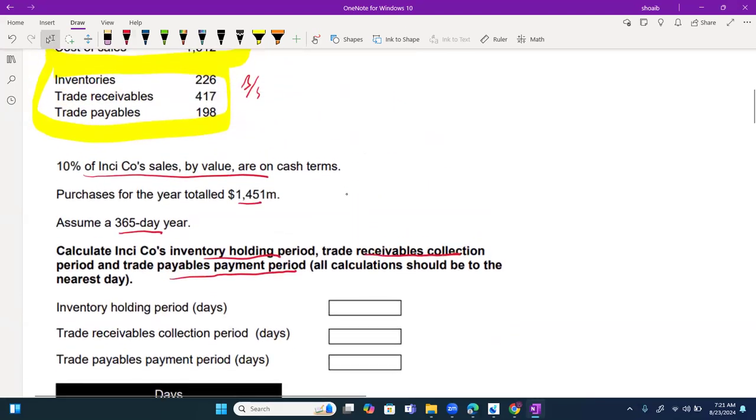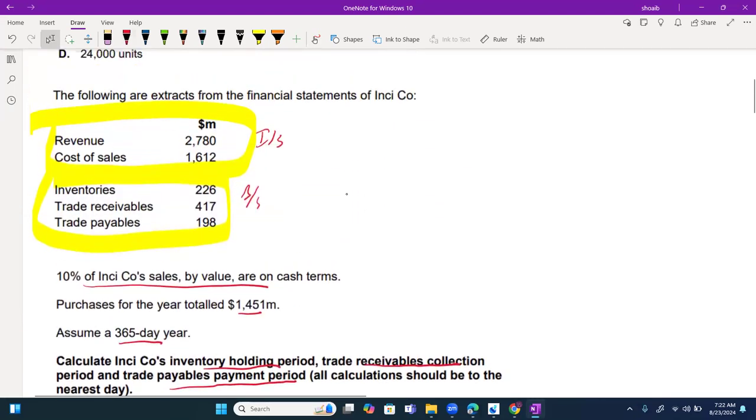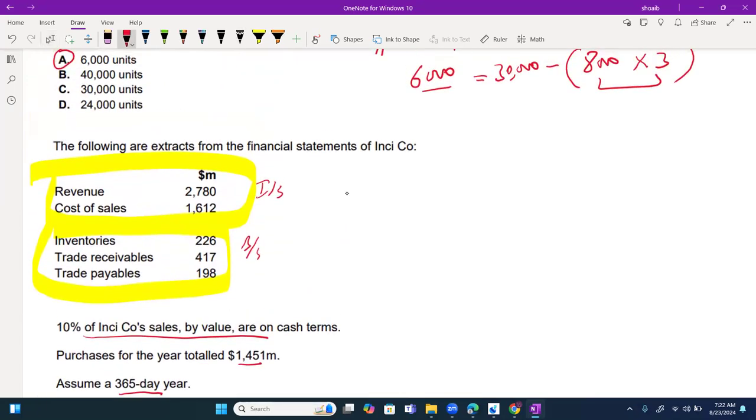Let's start from trade receivable, which is simple. Total sales is 2780, but we know that 10% is on cash. So remove the 10%. That would be the new sales: 2780 into 0.9, which is 2502.